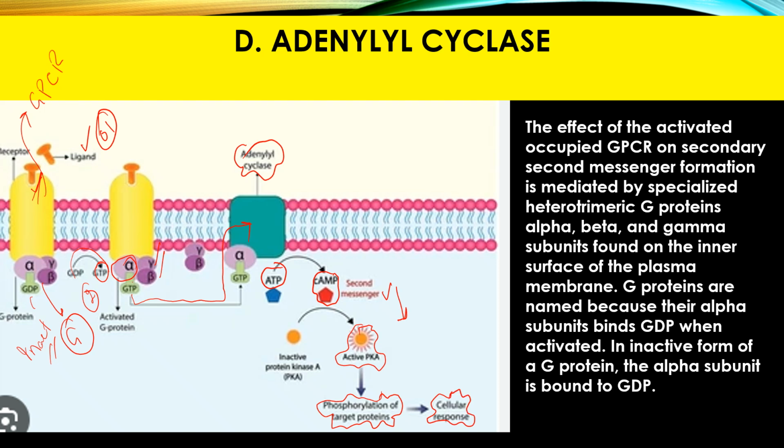So all the signals are well coordinated. We can read from here: the effect of the activated coupled G on secondary messenger formation is mediated by specialized heteromeric G protein alpha, beta and gamma subunits found on the inner surface of the plasma membrane. G proteins are named because their alpha subunits bind GDP.